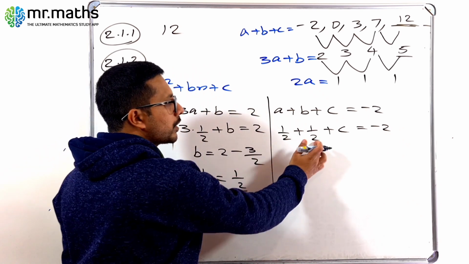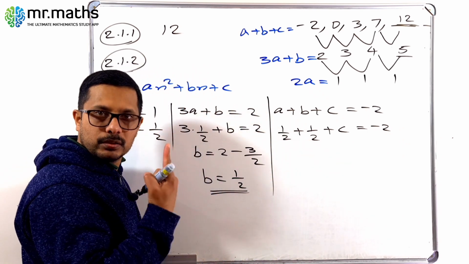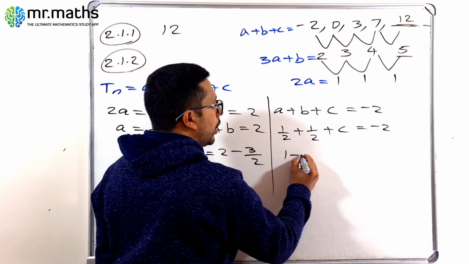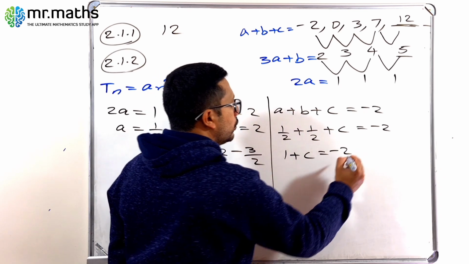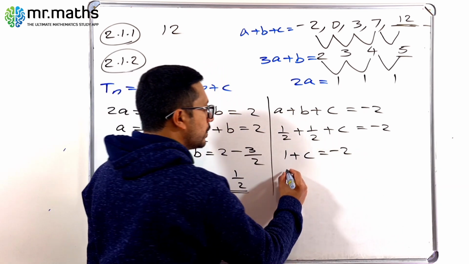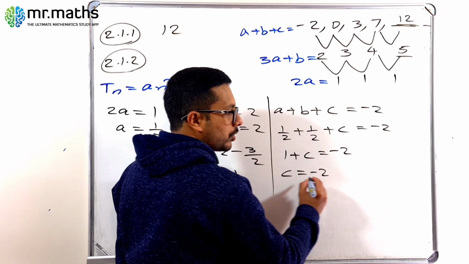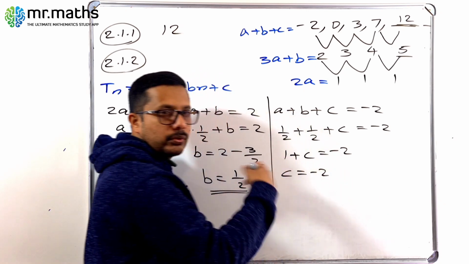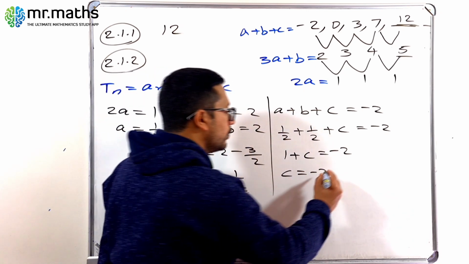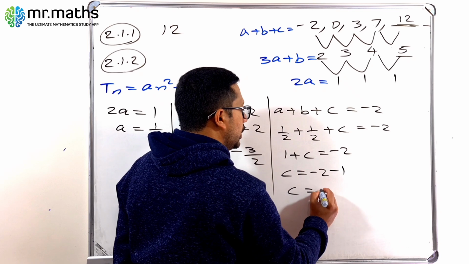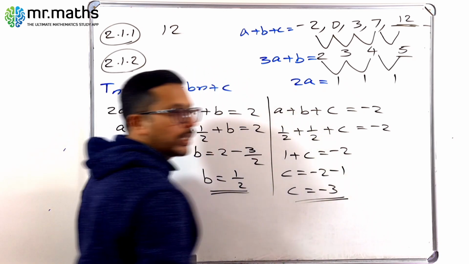What is half plus half? Half plus half is 1. So 1 plus c is equal to minus 2. So what is c from here? Take this 1 to the other side, so it is minus 2 minus 1. So the value of c is minus 3.